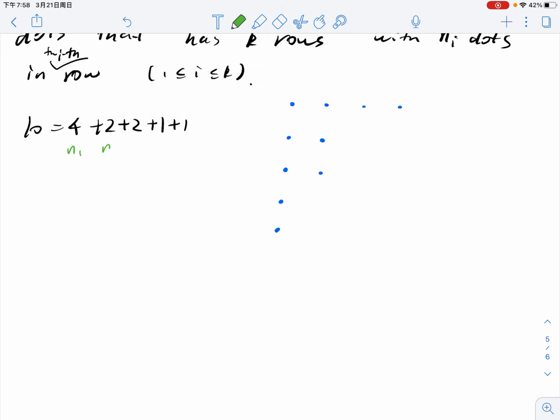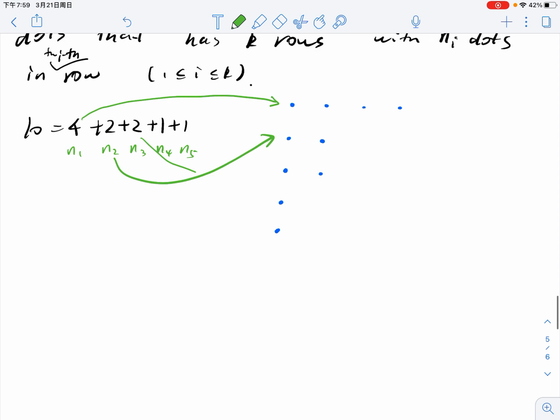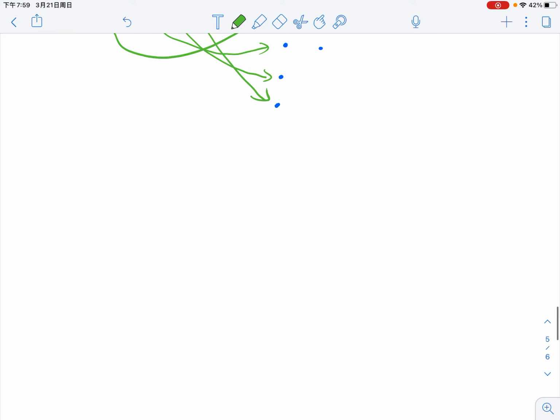First you arrange all the parts in your partition in decreasing order, just like this one. Then the first part corresponds to the number of dots in the first row, the second goes to the second row, the third goes to the third row. This is how we draw the Ferrers diagram, and it's easy to see that giving a partition is equivalent to giving a Ferrers diagram.